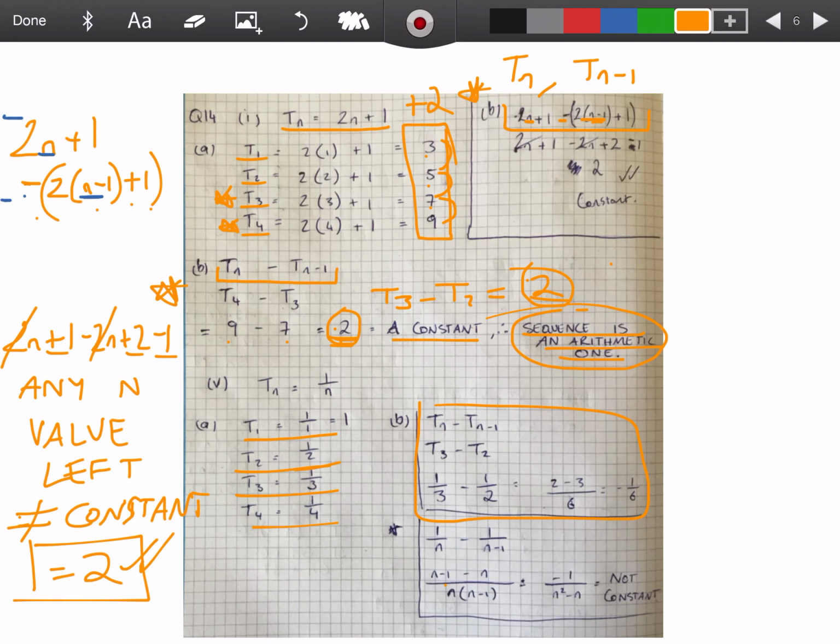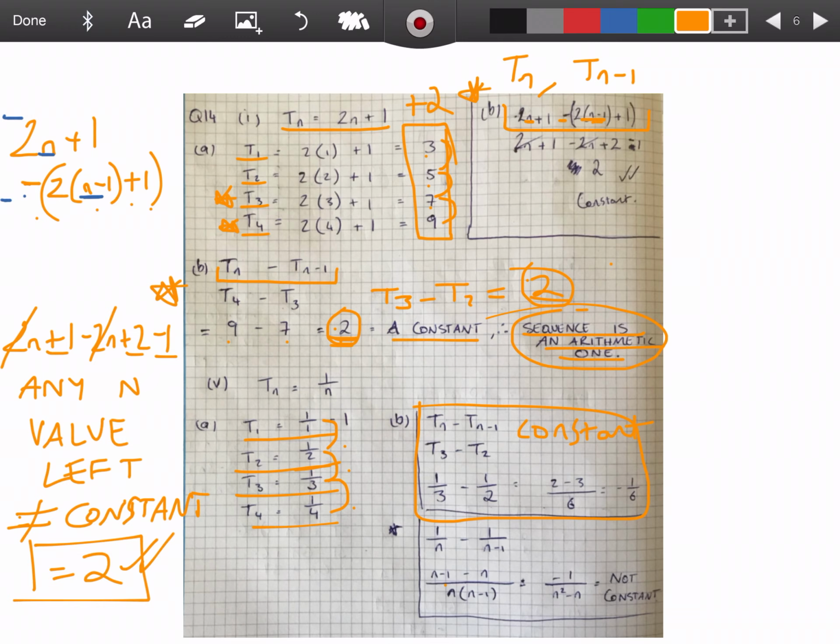You could argue that that's a constant, therefore that is an arithmetic sequence, but that's not the case, okay? Because you can see that the difference between here and here is not the same as between here and here, and not the same as between here and here. Because that's a 1, then a half, then a third, then a quarter. It's getting smaller, but it's not getting smaller by the same amount each time.